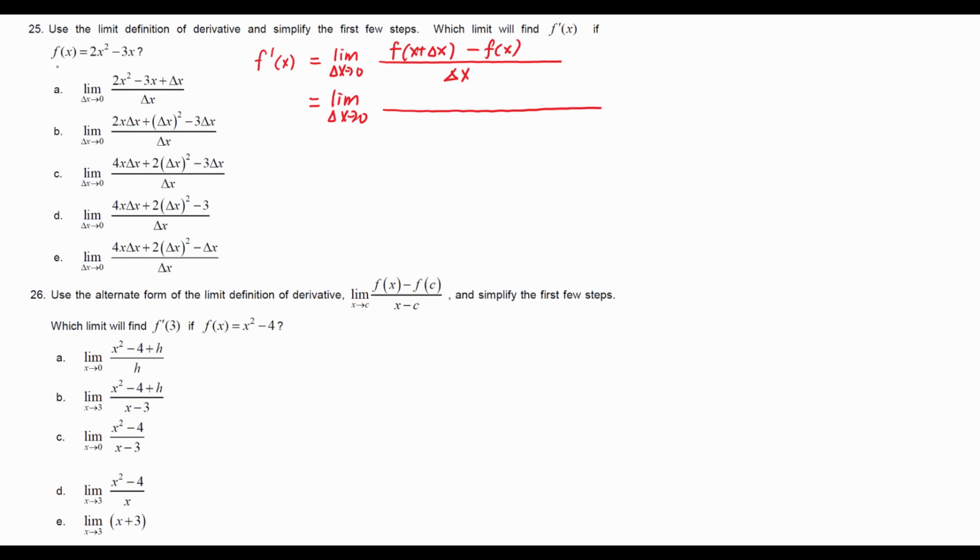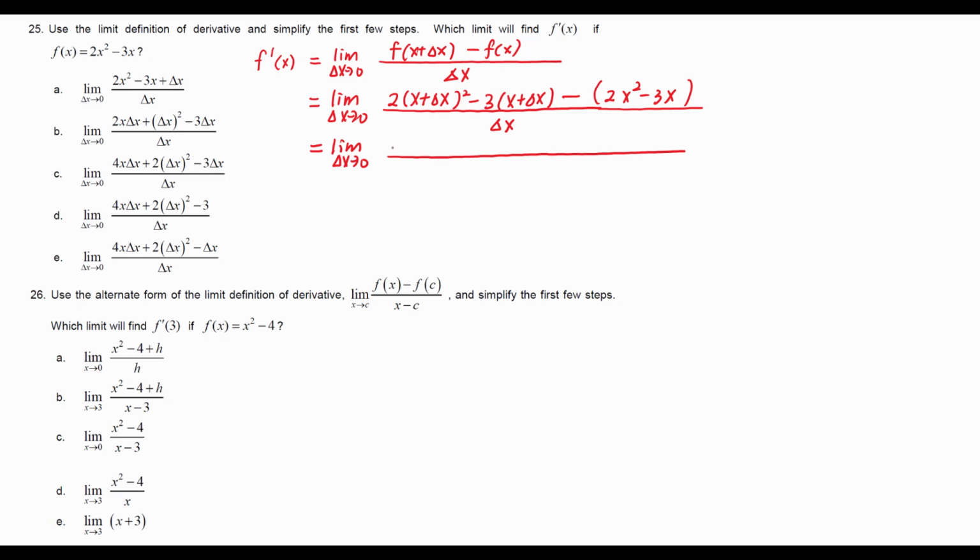When you apply it to f of x equals 2x squared minus 3x, I get 2 times the input squared minus 3 times the input minus f of x, and f of x is 2x squared minus 3x, over delta x.